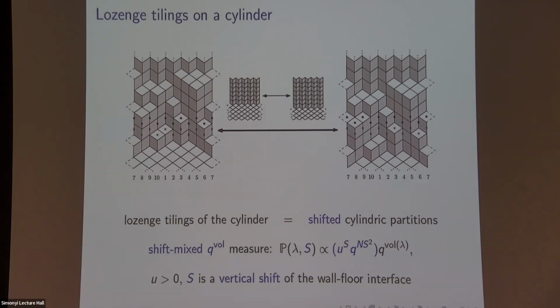And in terms of stack of cubes, these two Lozenge tiling configurations correspond to the same stack of cubes, but in different empty rooms, where the empty room of the first one can be obtained from the empty room of the second one by moving up all configuration by 1 unit. Note that this empty room cannot be obtained from this one by adding or removing a finite number of squares, as well as this configuration cannot be obtained from this one by a finite number of adding or removing unit squares.